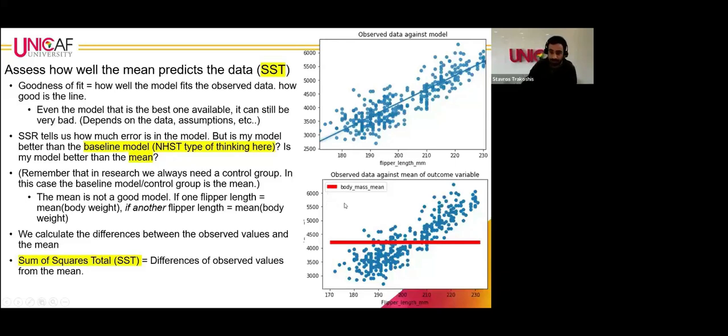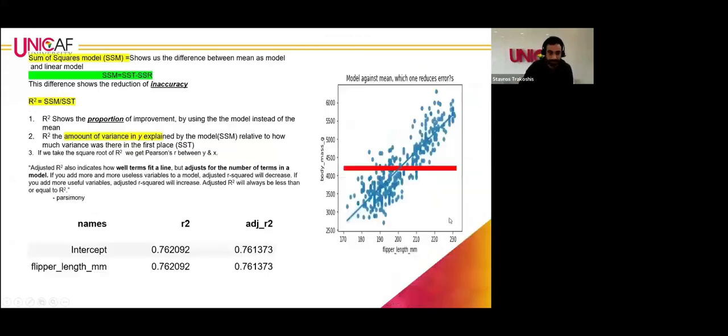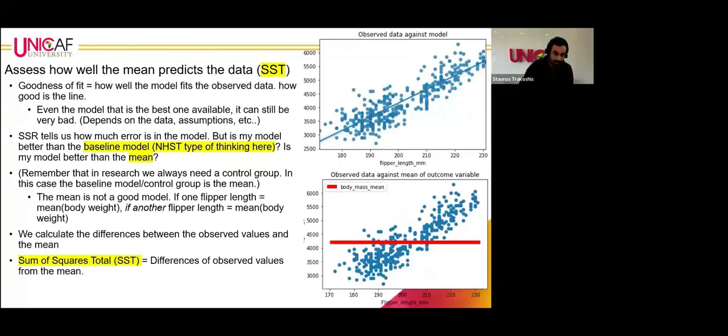So I want to know if the line is better than the mean, if my linear model is better than the mean. And in order to assess this, I need to calculate the residual error of my observations from the mean. So I do this again, and I calculate how far each data point is from the mean. And this, as I told you, is called the sum of squares total.